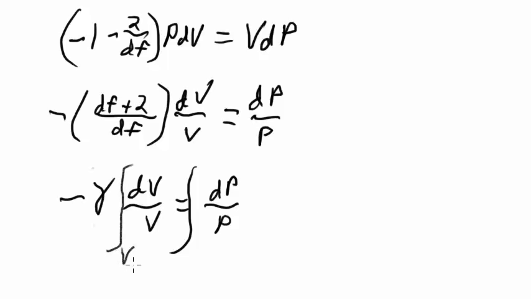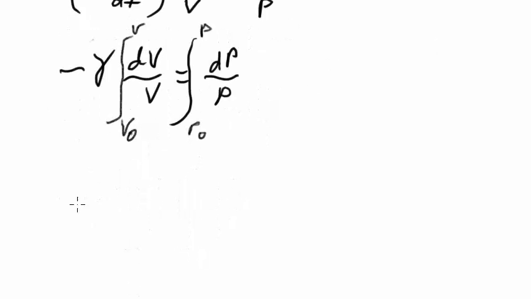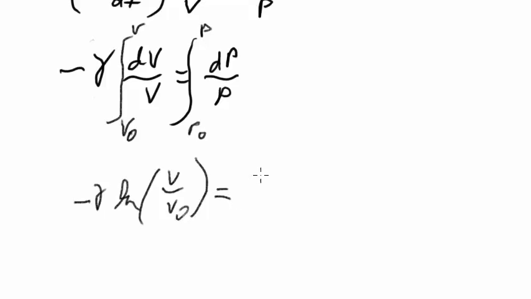And then we're going to integrate it from V sub naught to V and P sub naught to P. So we'll have negative gamma natural log of V over V sub naught equals natural log of P over P sub naught.